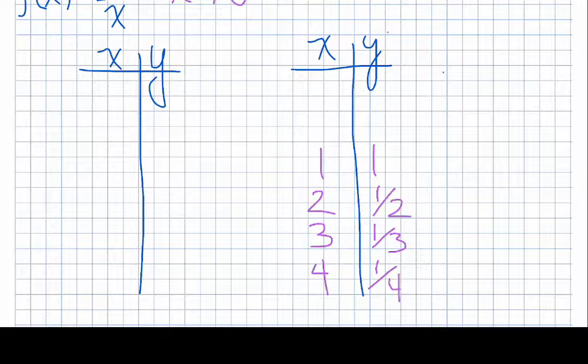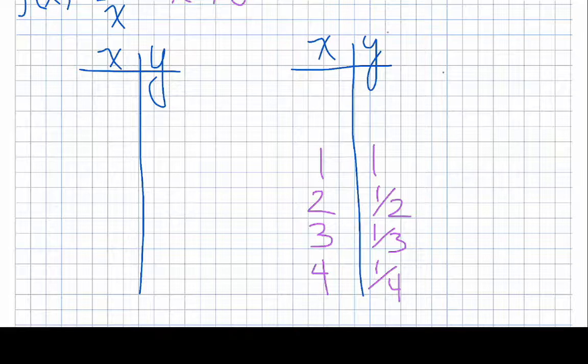The answer to that is no. There is no way to get to 0 for y when x cannot equal 0. So if x was 10, y would be a tenth, so small, but still a number. If x was 100, y would be 1/100th, getting close to 0, but we're never going to hit 0.